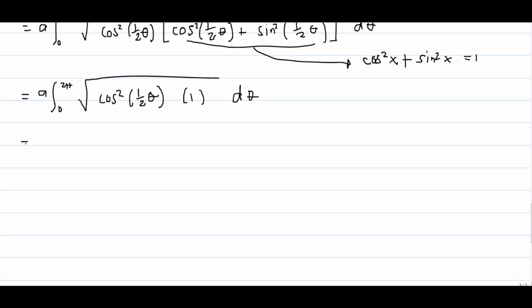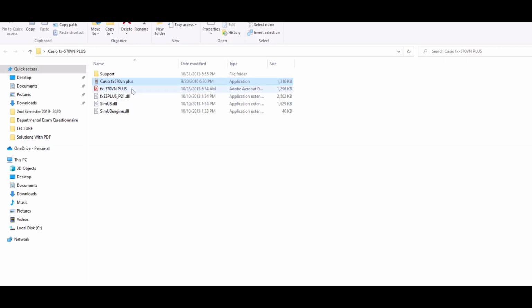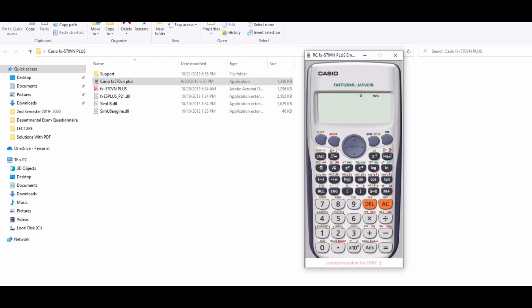Okay, so the integral from 0 to 2 pi, and we can now cancel out the square here. So we have cosine the quantity of 1/2 theta, then d theta. Okay, so we can now apply the calculator.